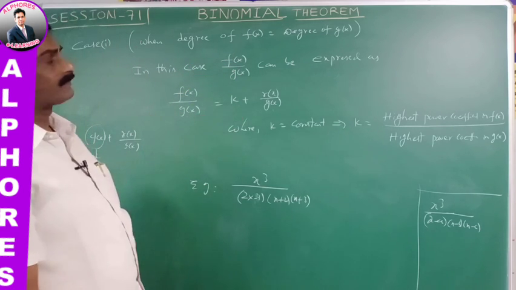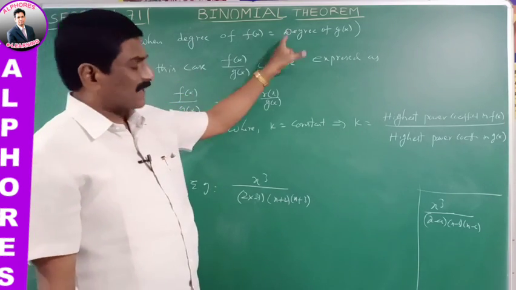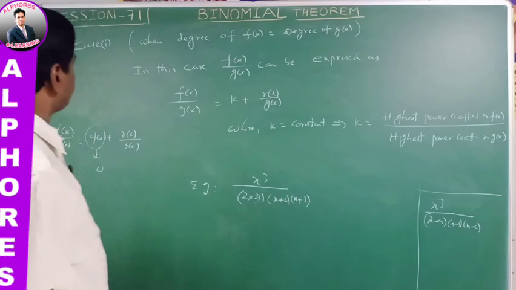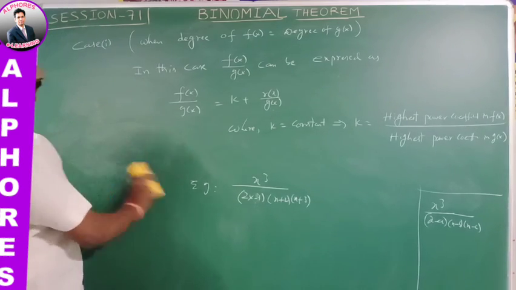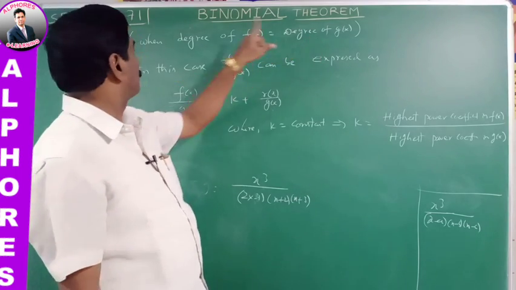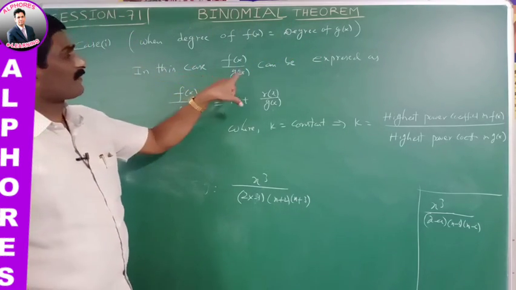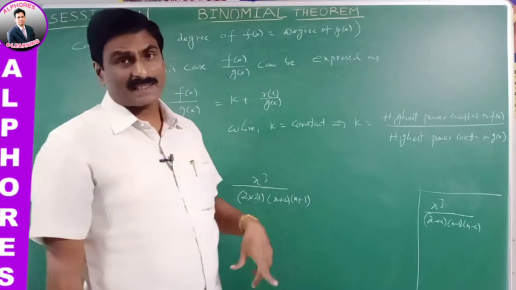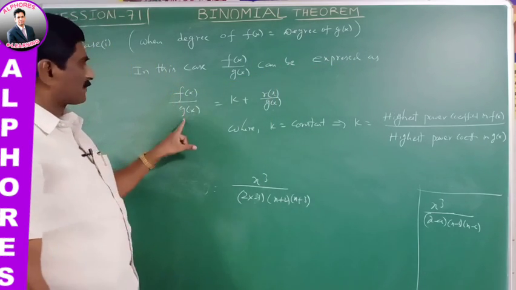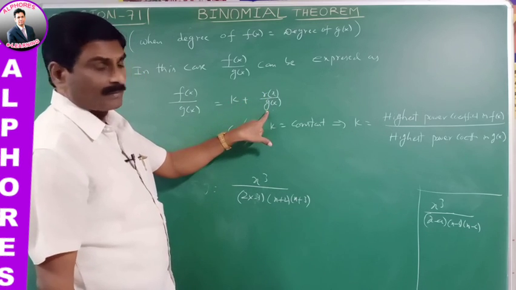Please write this value. Case 1. When the degree of f of x is equal to the degree of g of x, in bracket case 1. In this case, f of x by g of x can be expressed as f of x by g of x is equal to k plus r of x by g of x. Please observe this value.